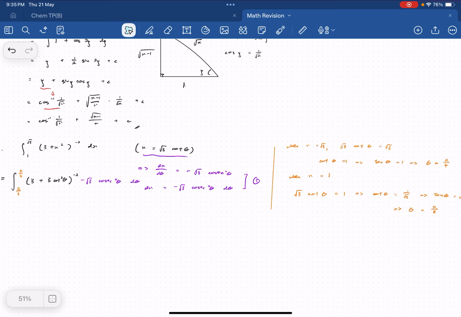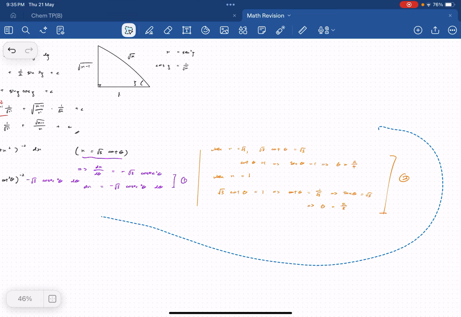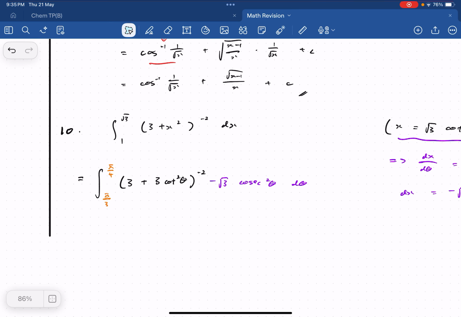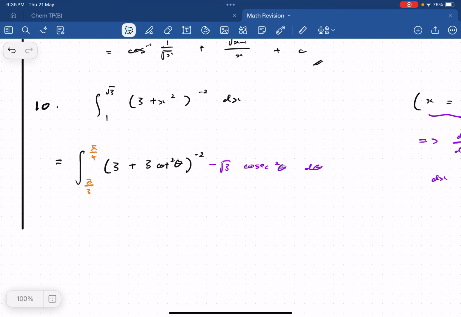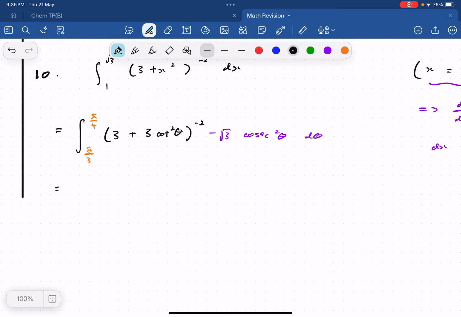Hang on, let me just move all of this a bit out. And this is going to be equal to, I'm going to factorize this 3 out now.